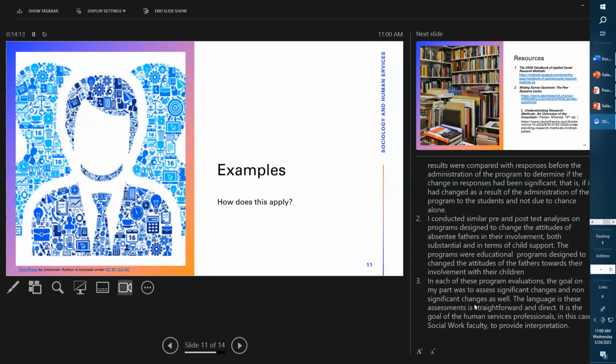The language in these assessments, in what's considered the presentation of data section of the write-up of this material, is straightforward and direct. It is the task and the goal of the human service professionals, in this case social work faculty, to provide interpretation.